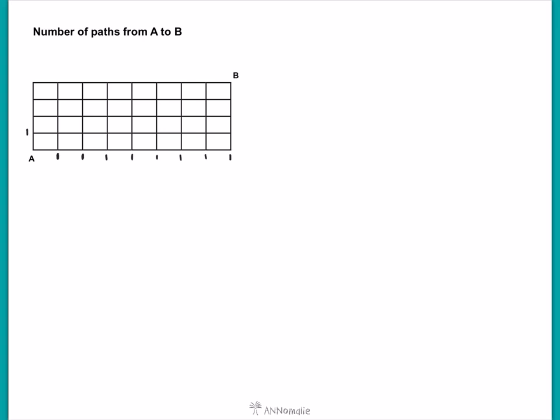Similarly, these entries also correspond to 1, but that means that to get to this point over here, there are 2 ways to get here. That will be either up and then right, or right and then up. Those are the 2 ways. And we can continue counting. And we'll notice that at this point, we'll have 3 ways.